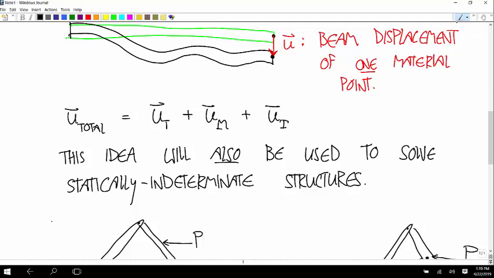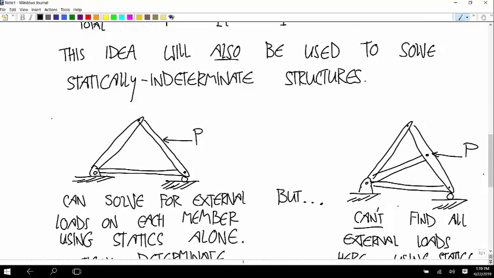We're going to come up with formulas for that so we can calculate the displacements for a given load. Then once we can do that, we can apply it to multiple members that are supposed to meet in a single point and say that those displacements have to agree with each other. That'll give us the extra equations that we need to solve statically indeterminate problems.